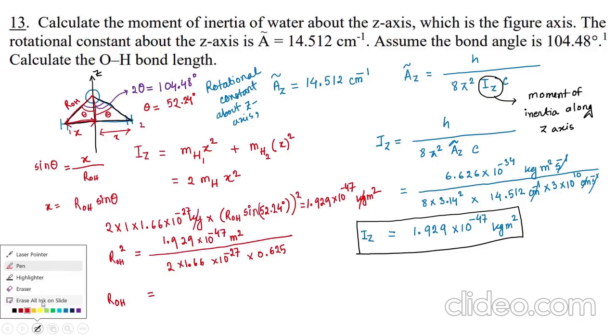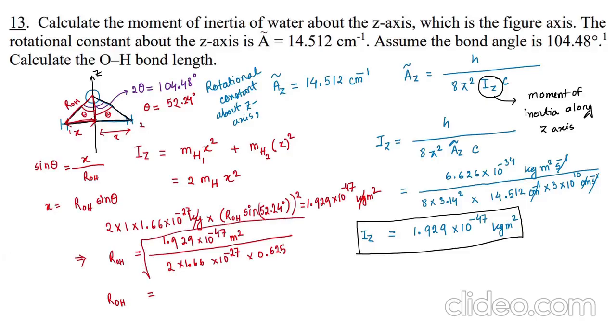The previous step I can write as the square root of all this, and the unit is going to come as meter. So I will take 1.929 times 10 to the power minus 47, divided by 2, divided by 1.66 times 10 to the power minus 27, also divided by 0.625.